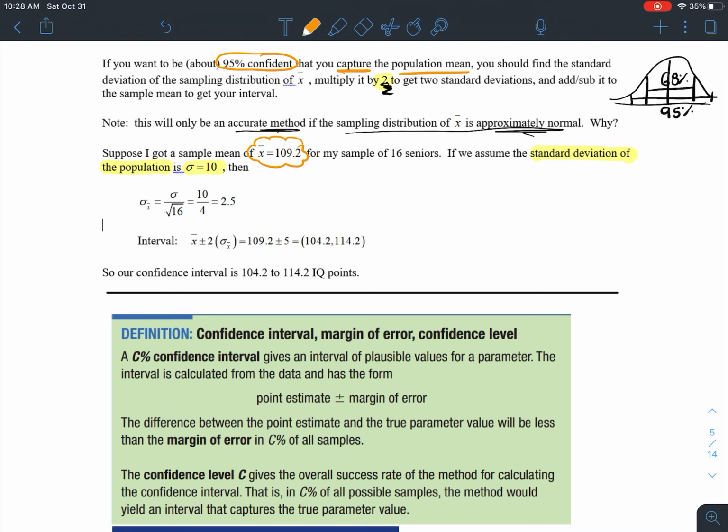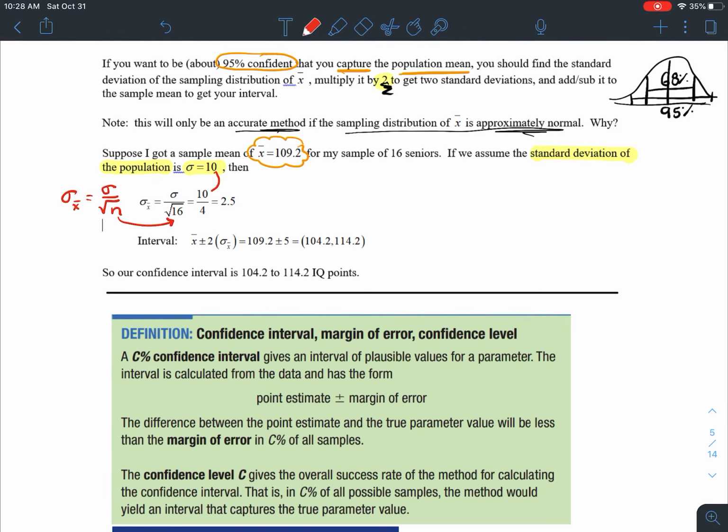Now, if you recall, the standard deviation for the sampling distribution for sample means is this formula right here, and that's on the formula sheet. My sample size was 16, so that's why I put a 16 underneath there.